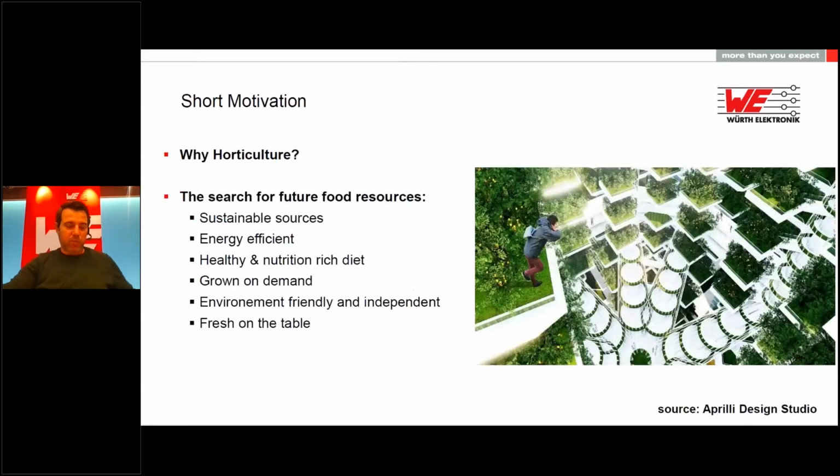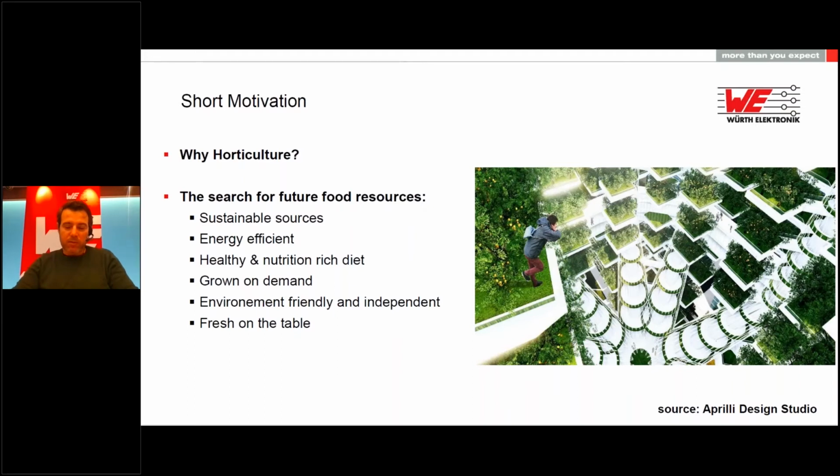But first, a short motivation, a few words about why horticulture. I think for everybody in the modern world it is now clear that we are looking for more and better food sources, because our food resources on the planet are scarce. The most important thing we consider here is sustainable sources, where we can produce food using less energy, or energy that we can recuperate later, and thus make the whole process more efficient.